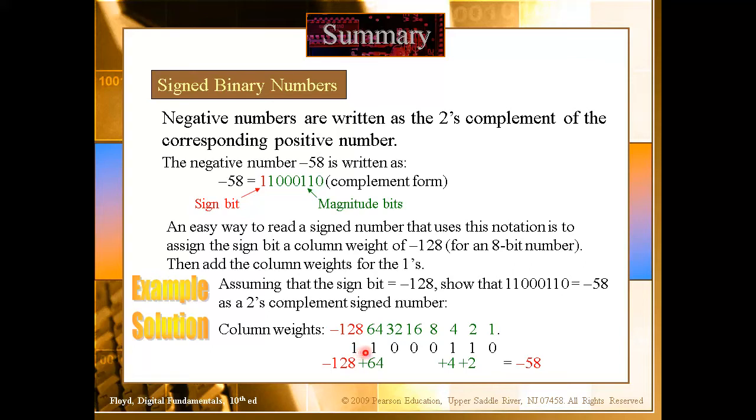If you have this number written as 110001110, then just like how you convert any binary number into decimal, if you do that, just look at the difference now, because this is negative 128 and this becomes a negative number, which is negative 58, because the weight of the very leftmost bit is negative. You see what I'm saying? But if this bit is 0, then you do not care about this weight, right? The number is always positive in that case.